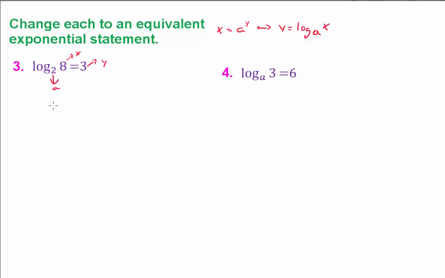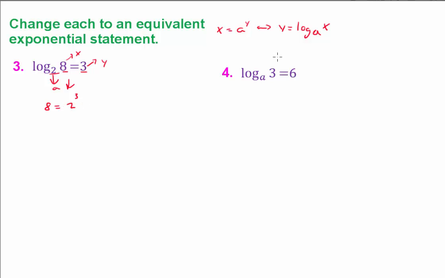So then we have 8 is equal to 2 to the third. We can't actually verify that with variables, but 2 times 2 times 2 does in fact equal 8. So you read the logarithm by saying 2 to what power is equal to 8? Well, 2 to the third is equal to 8.